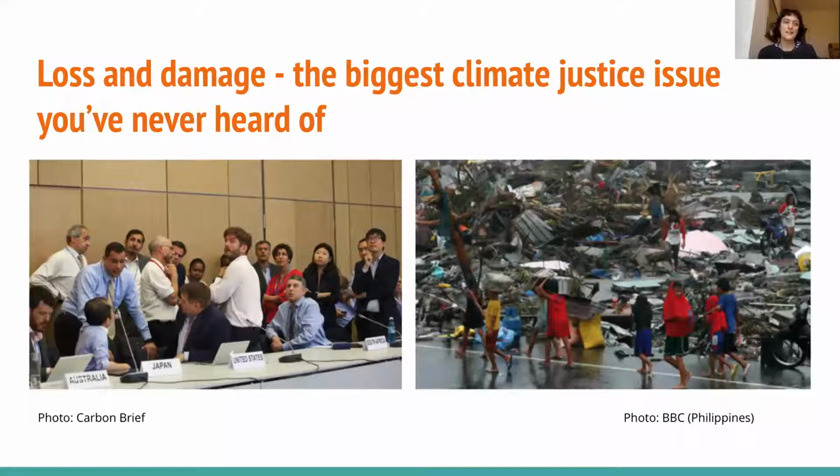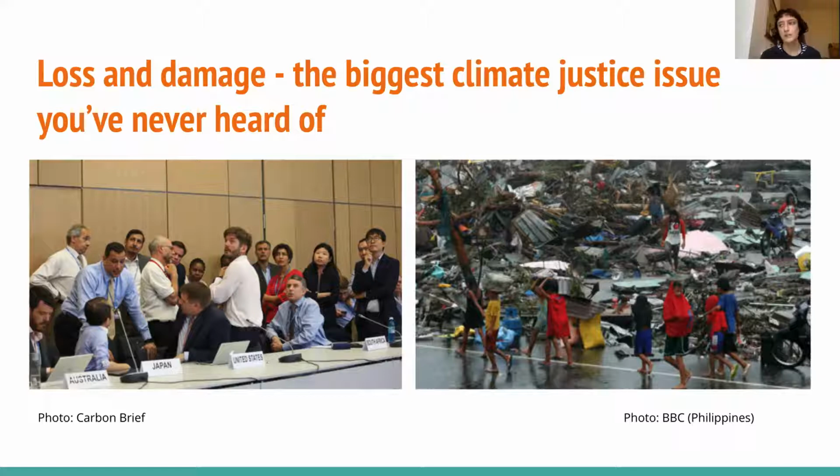So that's one reason that I call loss and damage the biggest climate justice issue you've never heard of. On the left here, you can see a photo of the negotiators making decisions about climate policy. And on the right, you can see some people who've been affected by disasters.